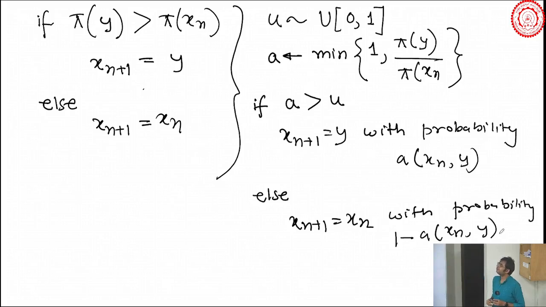That ratio pi y divided by pi xn is actually your a. Yes, it can go beyond 1, and because we want it to be a probability, we take the minimum. If it goes beyond 1, then the probability is 1. That is for sure we'll take it. Otherwise, we will reject it. In this case, even if it is less than 1, you can still accept it, but with a very small probability. So you give some probability to even accept, which gives you more scope for exploration.